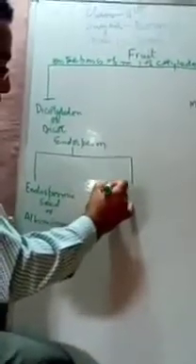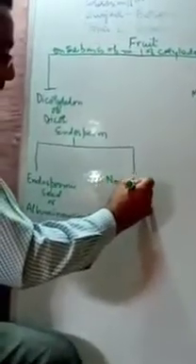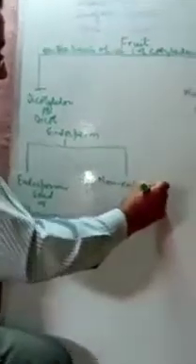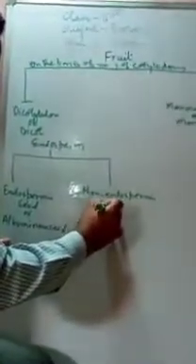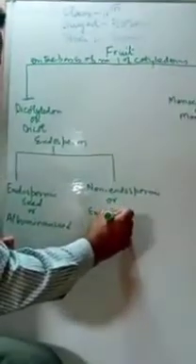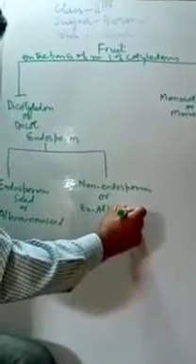If endosperm is absent, then it is called non-endospermic seed, or we can say ex-albuminous or non-albuminous. The same terms are used in the case of monocotyledon seed, and the basis will be the same.